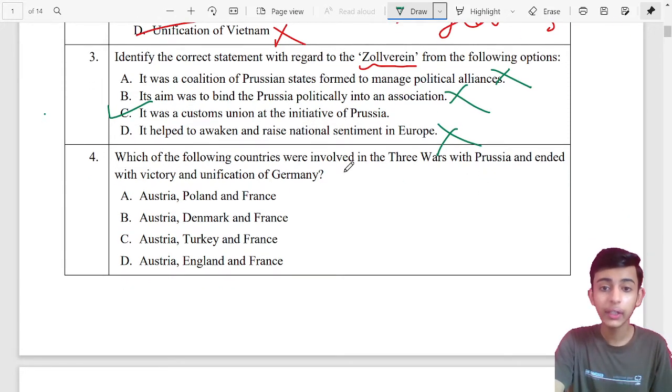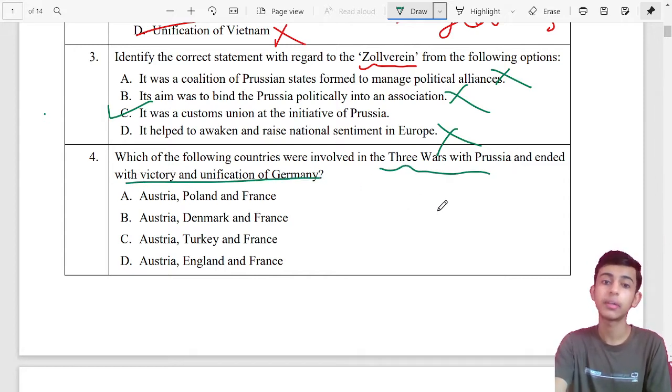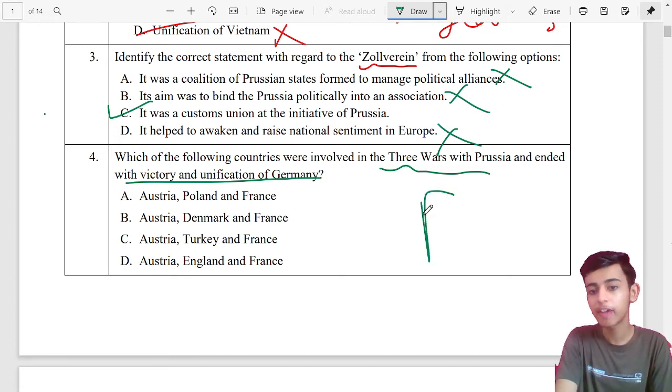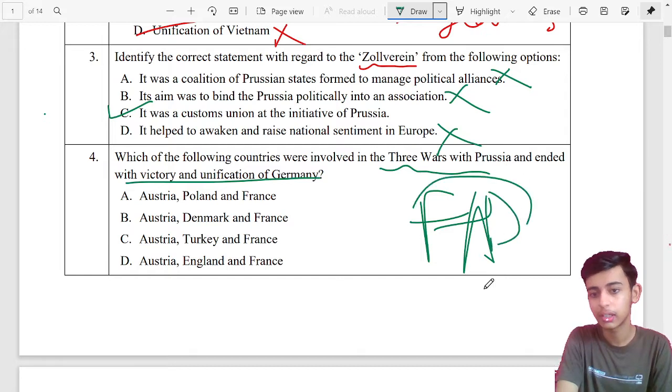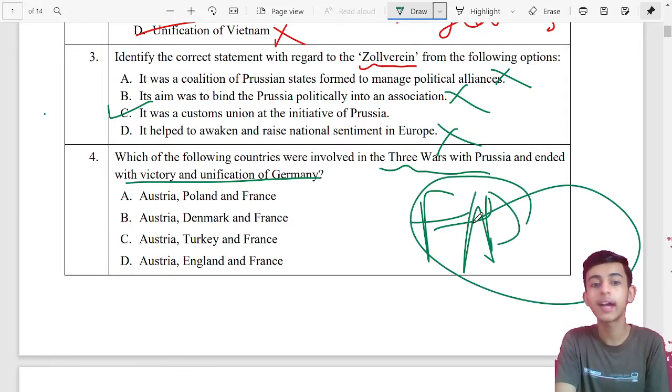Which of the following countries were involved in the 3 wars with Prussia that ended with the victory and unification of Germany? Which countries did Prussia fight and defeat? I gave you a mnemonic, FAD, during my session, right? What is FAD?